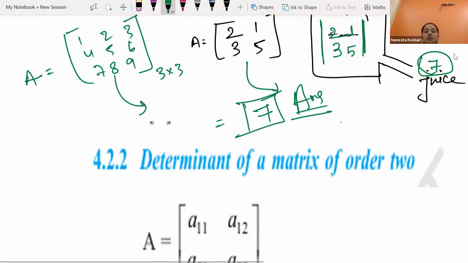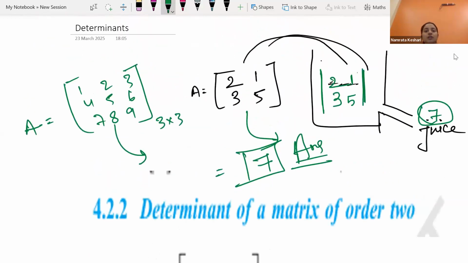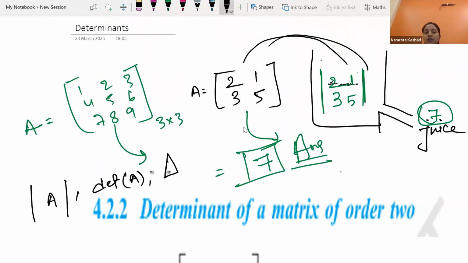Before proceeding with the calculation, let me clarify that we will represent the determinant with this sign, determinant of A, or we can write it as det in brackets A, or we will represent it with this small delta sign. In mathematics this is called delta. These are all the symbols we will use from now onward to represent our determinant.